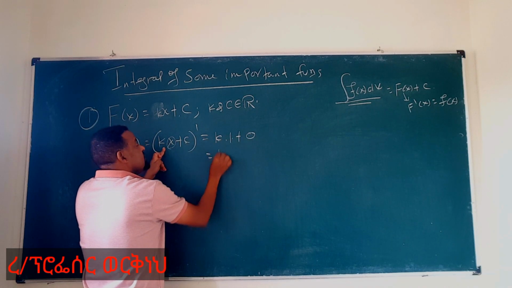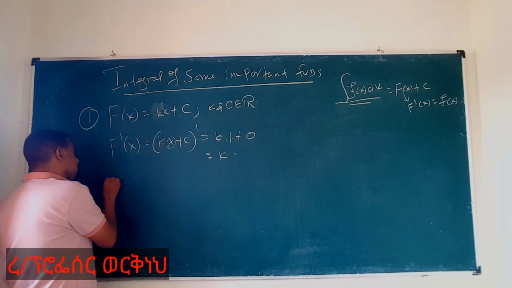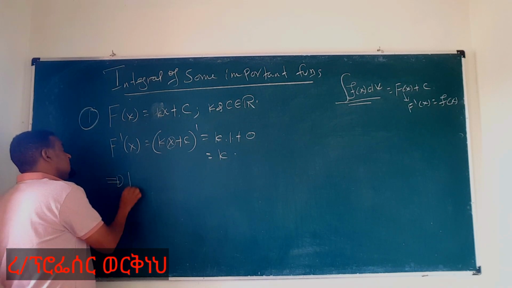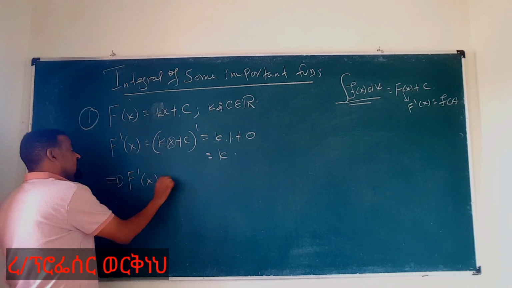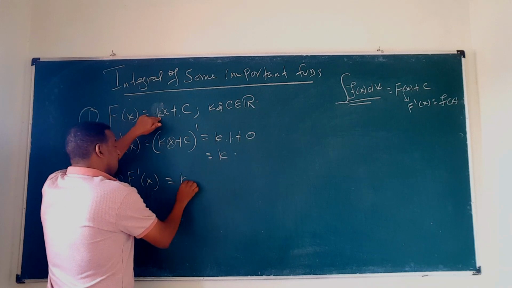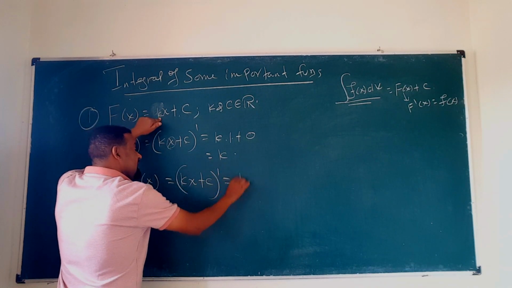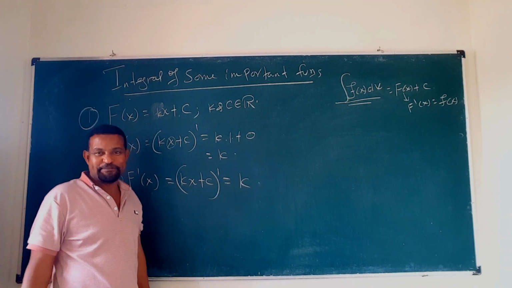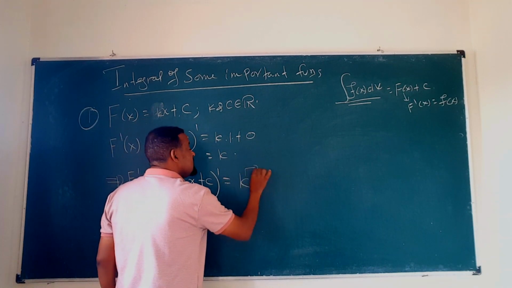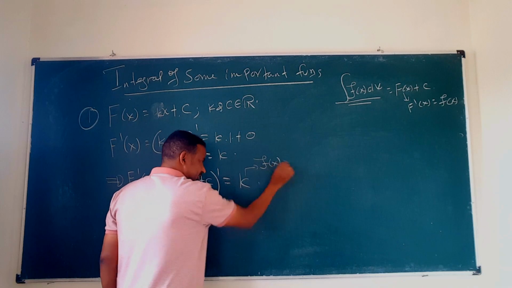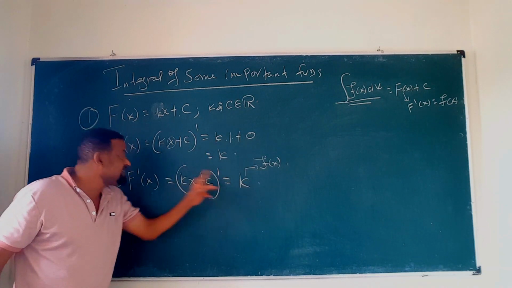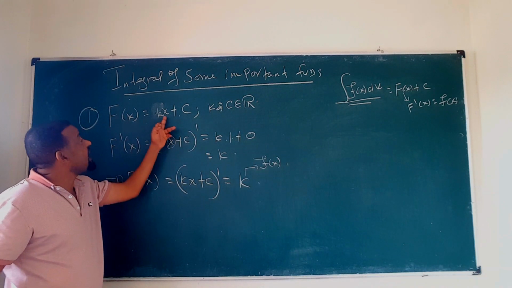So k times 1 is k. So the derivative of capital F of x, kx plus c, is k again. This is what we call small f of x. k is the derivative of the function kx plus c.